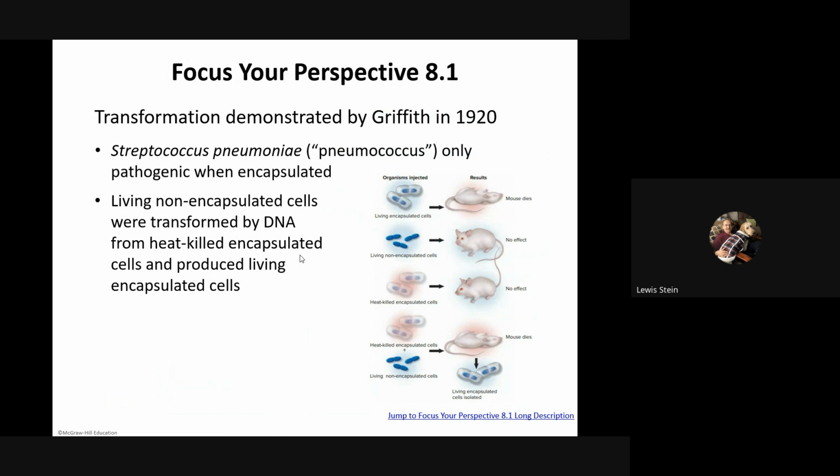So he had somehow taken an element by killing the encapsulated bacteria. It did not destroy the element that would kill the mouse. And when he combined them with the ones that were not harmful, not only did it kill the mouse, but they started to grow capsules. So he changed them. He called it transformation.